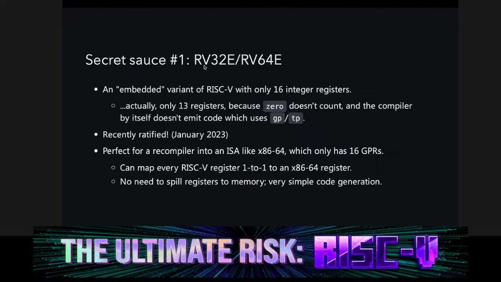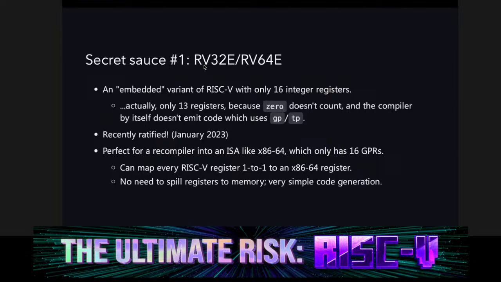But in reality, it's actually only 13 because the zero register doesn't really count, and the compiler by itself doesn't emit code which uses the GP and TP registers. It was quite recently ratified in January of this year, and the toolchain support is not there yet, but hopefully soon it will be.